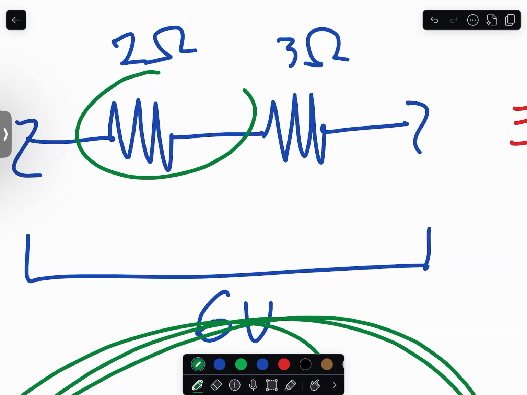If I've got the total voltage and the total resistance, I could find the total current, 1.2 amps, right? Remember, 1.2 amps flows through left and 1.2 amps also flows through right. Then if I've got 1.2 amps and the resistance that 1.2 amps is flowing through, what's the voltage drop? IR, 2.4 volts dropped across the first.